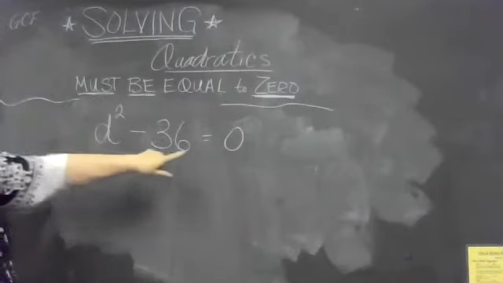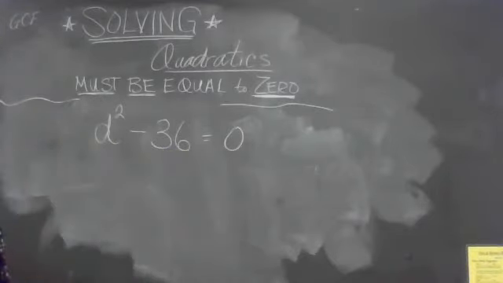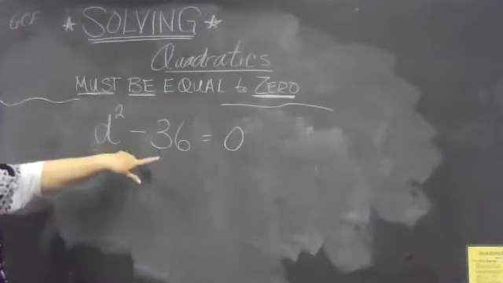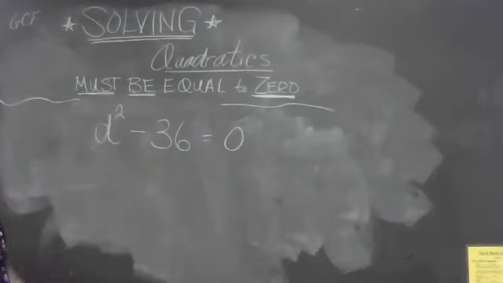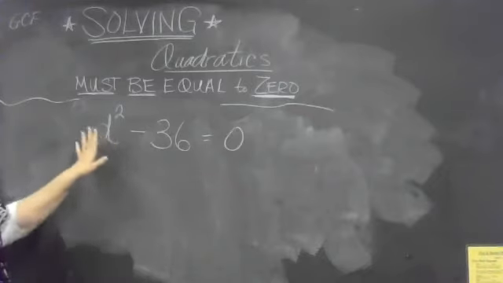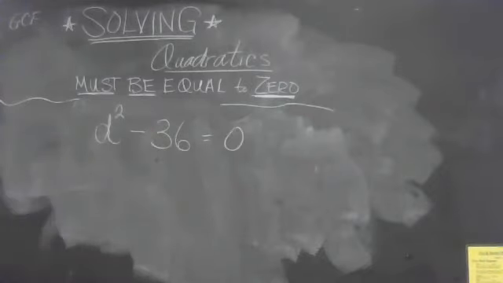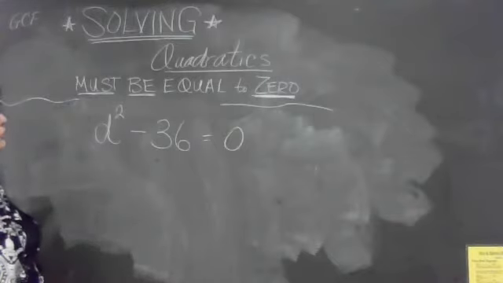If there's an invisible one and no variable, probably not a greatest common factor. Then my second step is to look for specials. And if you weren't online yesterday, you need to go back to yesterday's YouTube to find out about specials. Okay, and you should all have a paper that explains what the specials are and how to factor those.